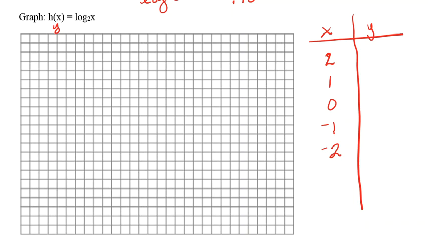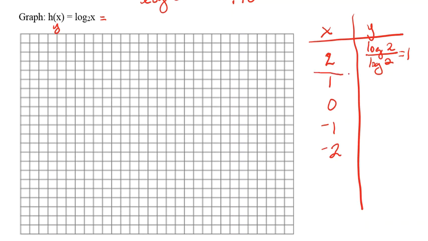Now, because this is a base 2, when you go to plug it in your calculator, we're going to end up doing the change of base formula. So you're going to have to do log of 2 divided by log of 2. Well, this one's nice. Anything over itself is 1. I can do that one without a calculator.